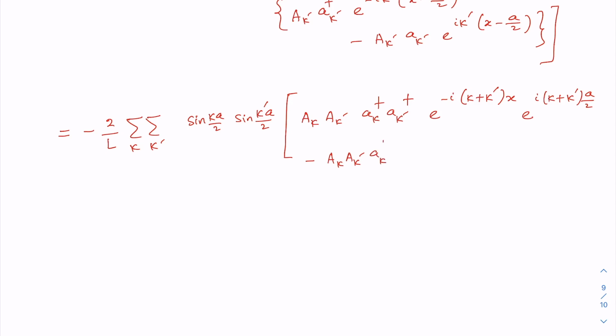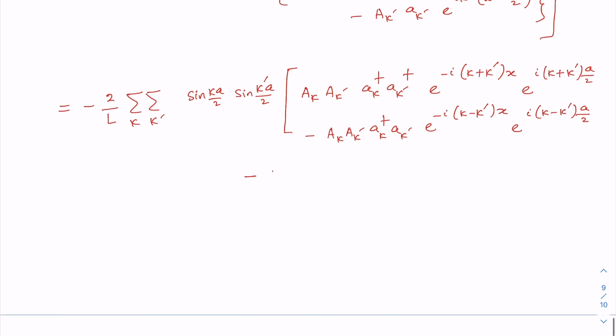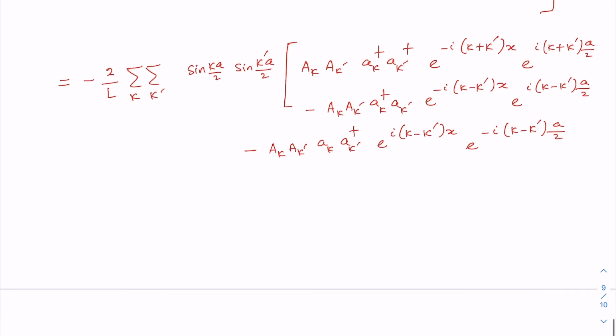dash ak dagger ak dash e to the power minus i (k minus k dash) x, e to the power i (k minus k dash) a by 2, and you will have minus ak dash ak dash dagger e to the power i (k minus k dash) x, e to the power minus i (k minus k dash) a by 2, and finally you will have ak dash ak, e to the power i (k plus k dash) x, e to the power minus i (k plus k dash) a by 2.